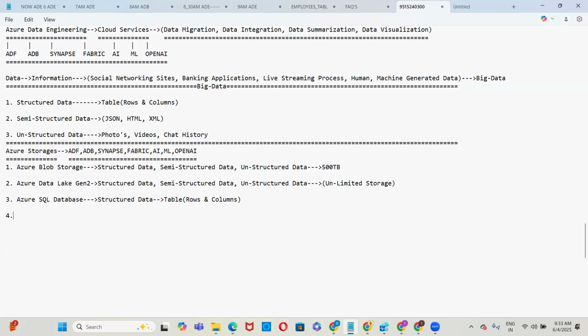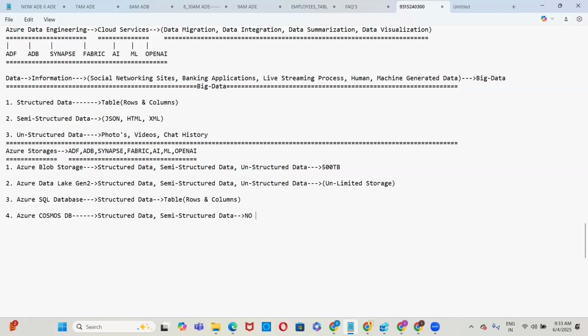And then you have the next one, Azure Cosmos DB. So what do you mean by Cosmos DB, guys? It is called a semi database, not the full database, wherein we can store structured and semi-structured data.